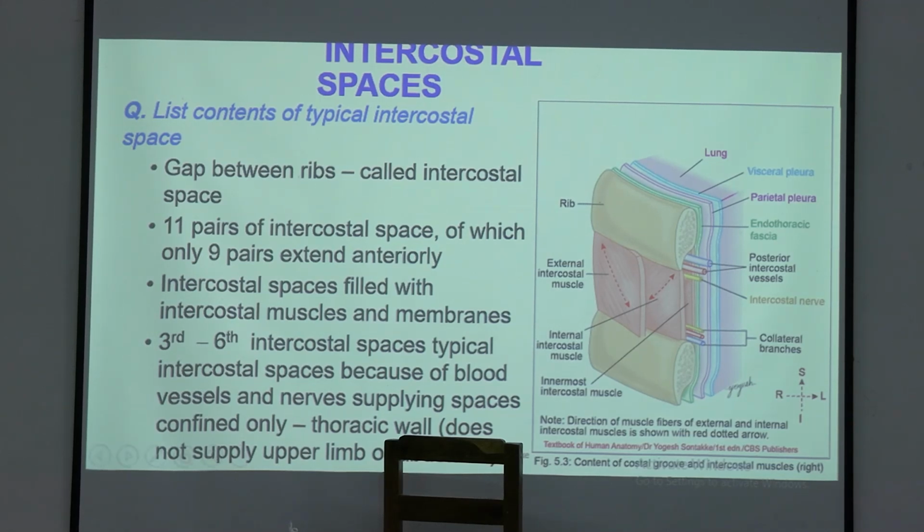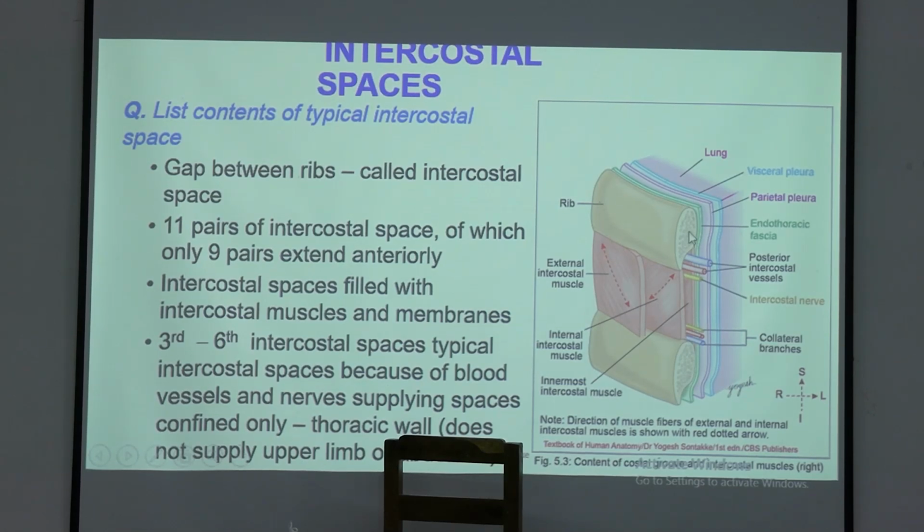Next, we can find the internal intercostal muscle. The fibers are directed downwards, backwards and laterally. It takes origin from the costal groove of the upper rib, and it is inserted in the posterior lip of the upper border of the lower rib.